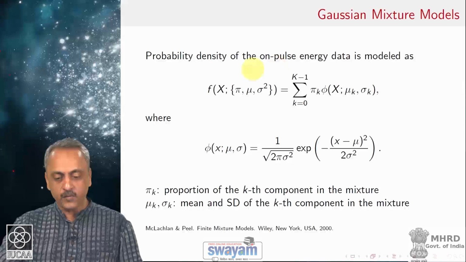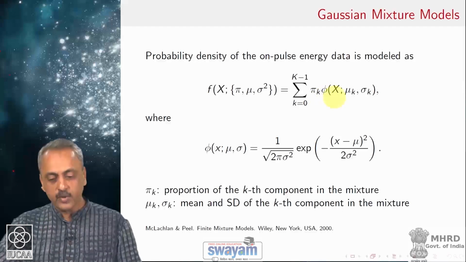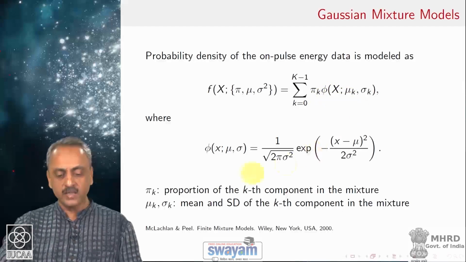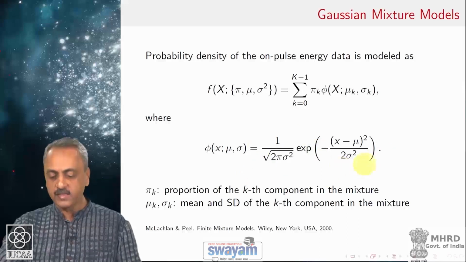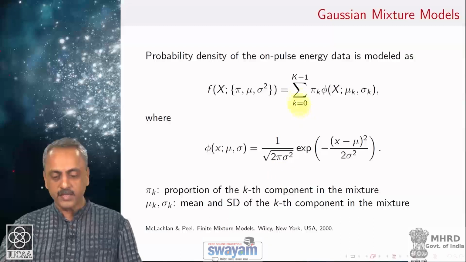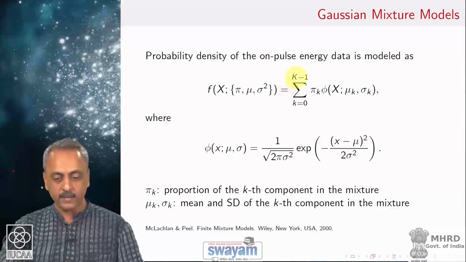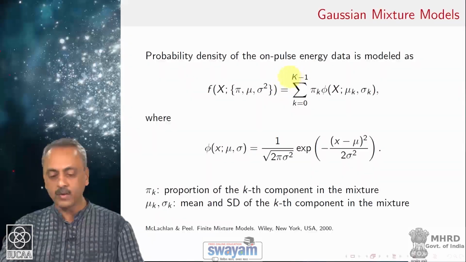So models of this form are called mixture models, and in particular if the densities that go in the mixture are Gaussian, these models are called Gaussian mixtures. The Gaussian density has this standard form. The question now is, given a mixture, suppose you say that you have a Gaussian mixture with 2 components or 3 components, 4 components, you name a number, that is this k, the total number of components.